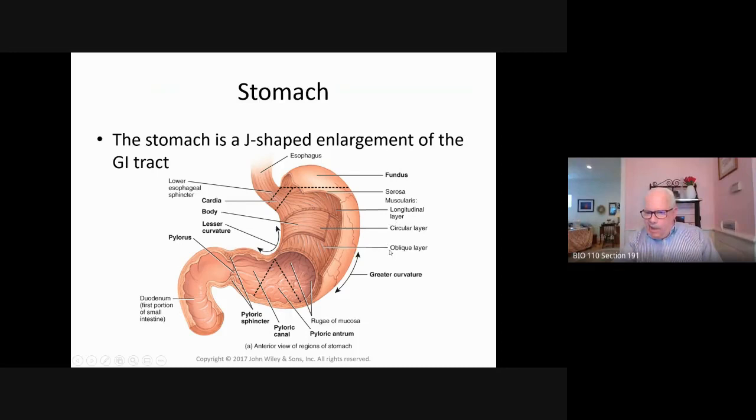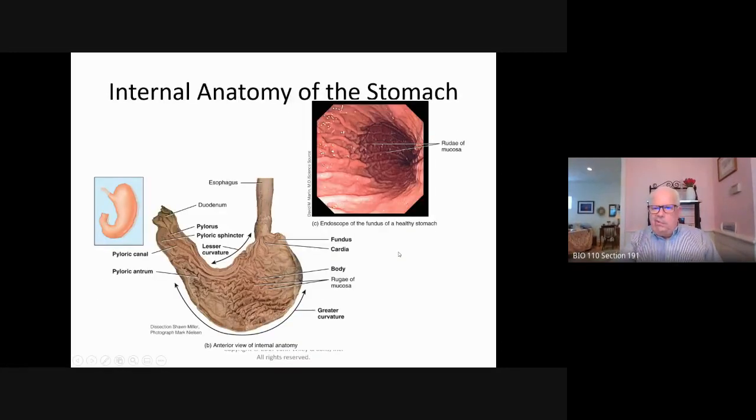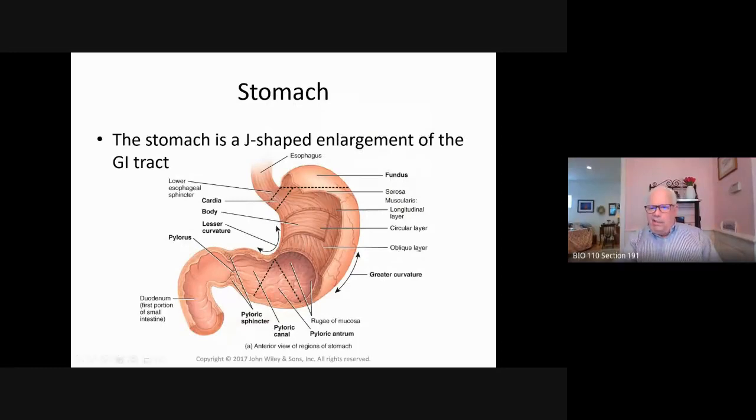But in the stomach, there is a third muscle layer, and that third muscle layer is the oblique layer, okay? So food is being digested and moved through the stomach.